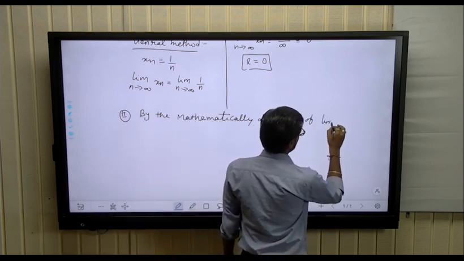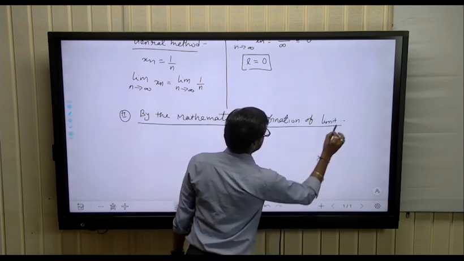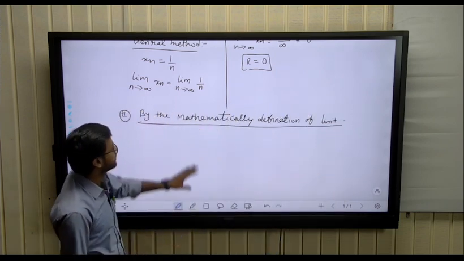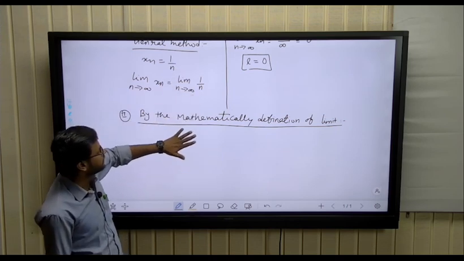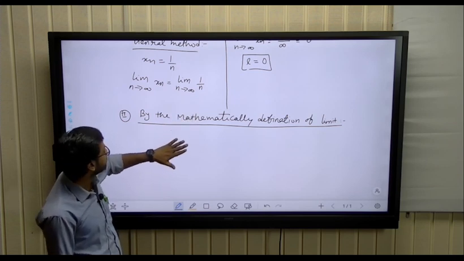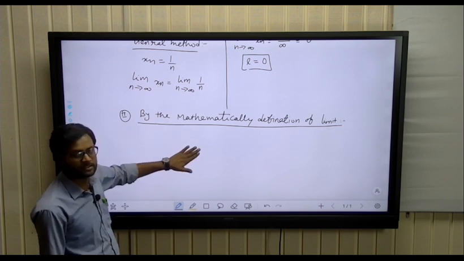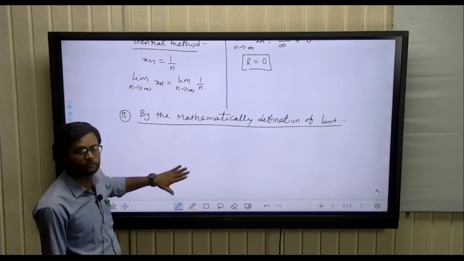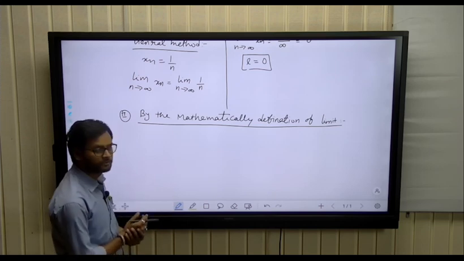Here we use the definition of limit to find the limit of a sequence. Both methods are right and the answers from both are the same, but this is a high school method, so we don't prefer it. Most of us prefer this method because it is the mathematical definition method.